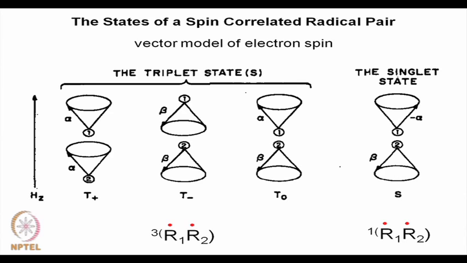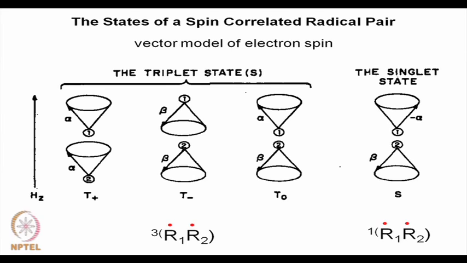Now, I guess all of you know that when a radical, I mean a dot, is created at some portion of your molecule, then that dot is experiencing some internal magnetic field. In absence of the magnetic field, they are oriented randomly.